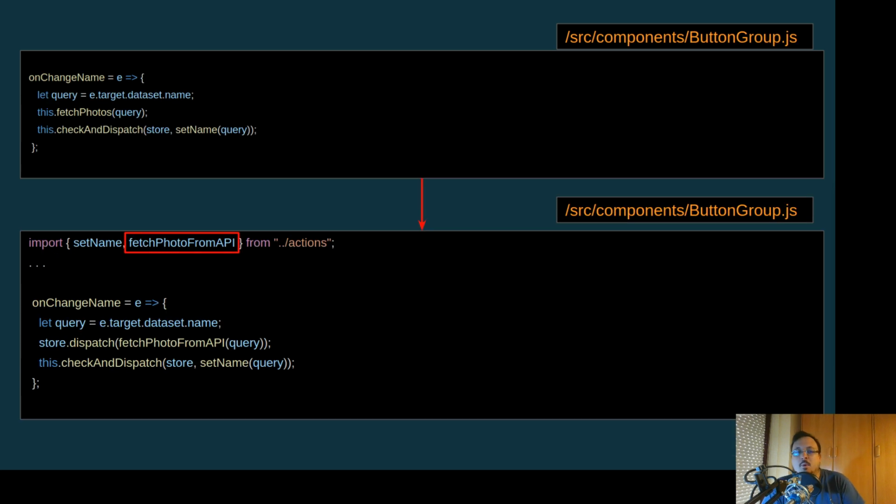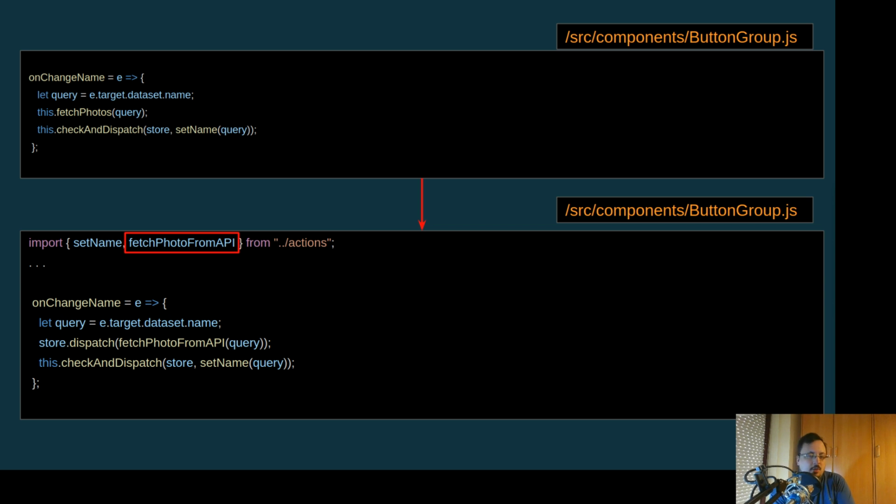For example, now remember before we had on change name, we have this fetch photos that was completely inside the component, and now we have it as another dispatch action. So as you see, we dispatch the fetch photo from API query. That's the action we dispatch.